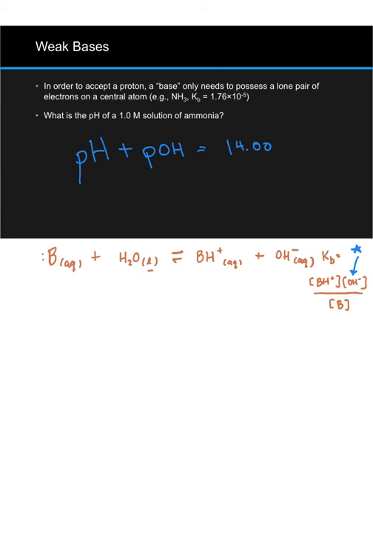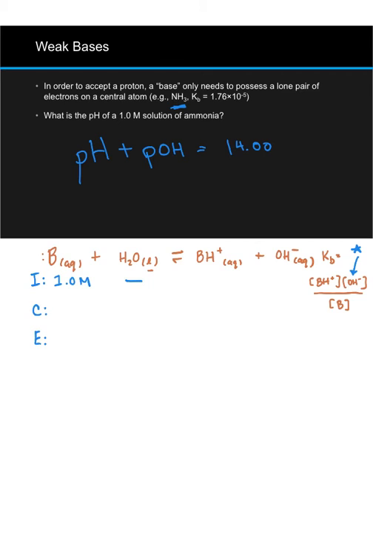It really doesn't matter if we know what this formula for ammonia is, although we are given it as NH3, and that's something you should know from General Chemistry 1, but every monobasic weak base will proceed with the same generic equilibrium that we've written here. Initially, our concentration of our weak base ammonia is given as 1 molar.